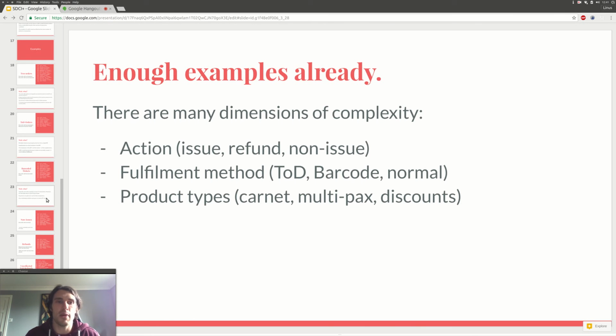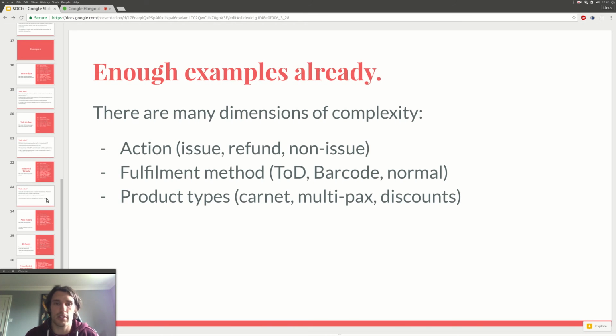There are 3 main actions that can occur. You can be issuing things, you can be refunding things, or you can be non-issuing things. Those are the 3 primary types. So it's like 3 entry points, and then on top of that, along each one of these streams, you might find that the behavior changes again based on the fulfillment method.